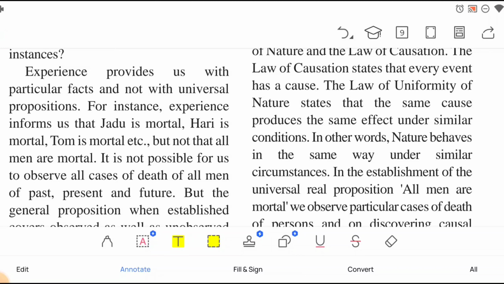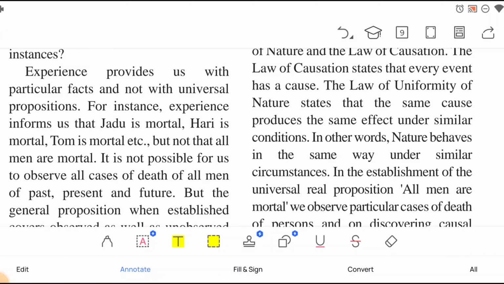But we cannot prove it, right? Some of the things we cannot prove. So this is the negative point of induction. Each and every universal real proposition that we assume to be real cannot be proved.